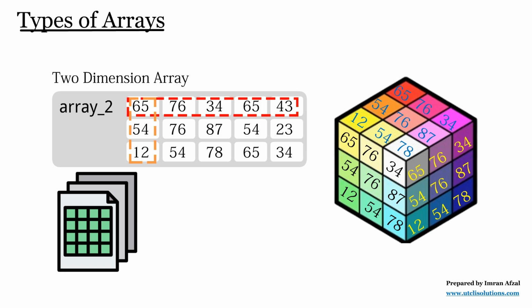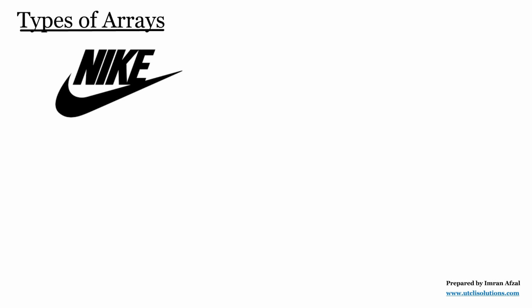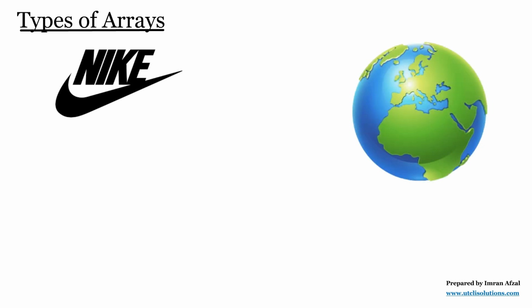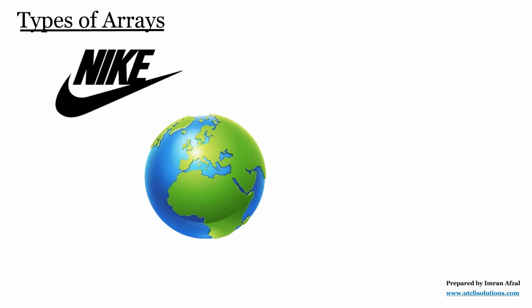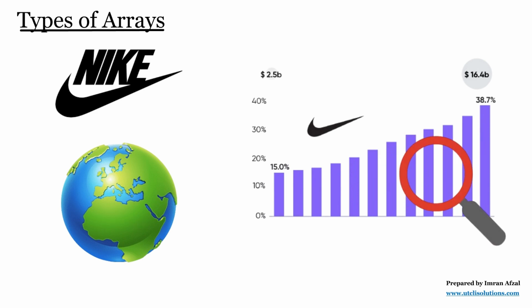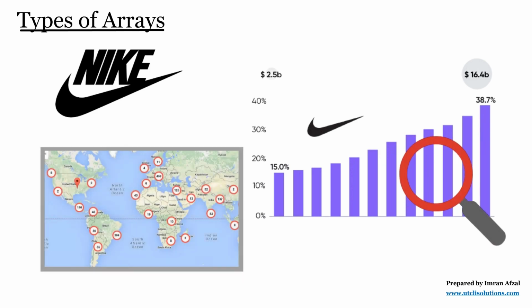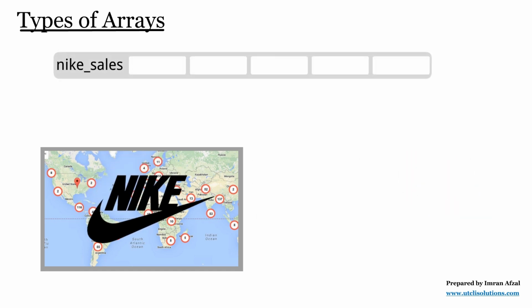Let's take Nike as an example. Suppose we are working for Nike, one of the biggest sportswear companies in the world. Nike needs to track the sales of different shoe models across its stores in multiple countries. A 1D array can be used to store the sales numbers for one particular shoe model across different stores.